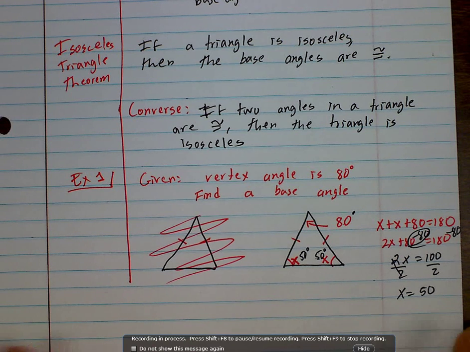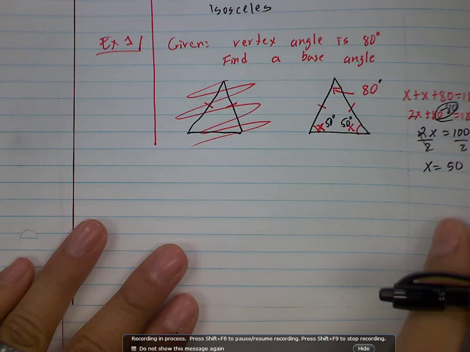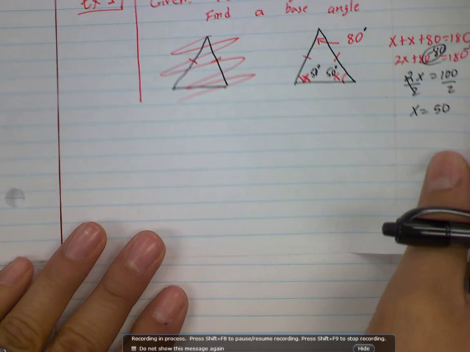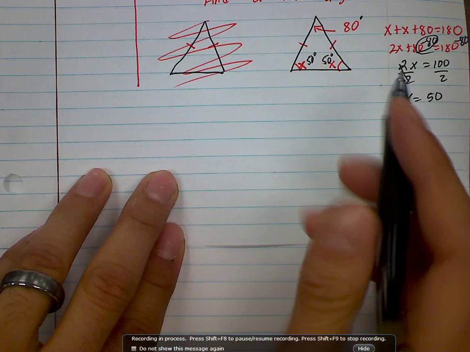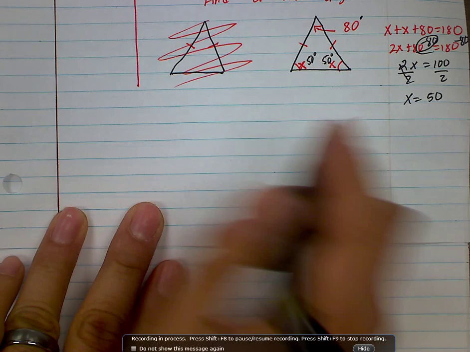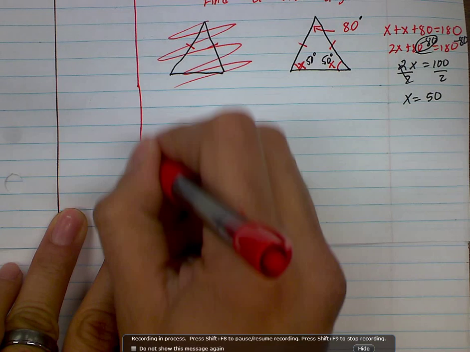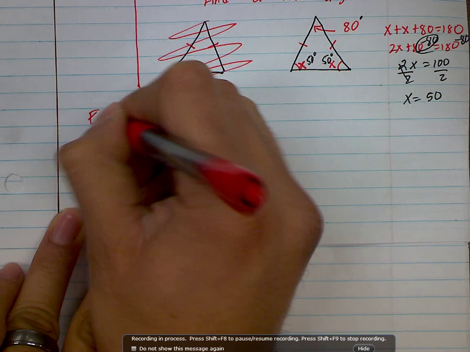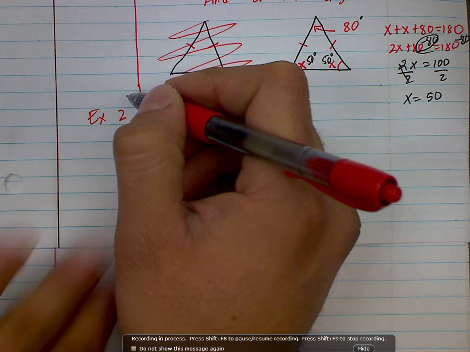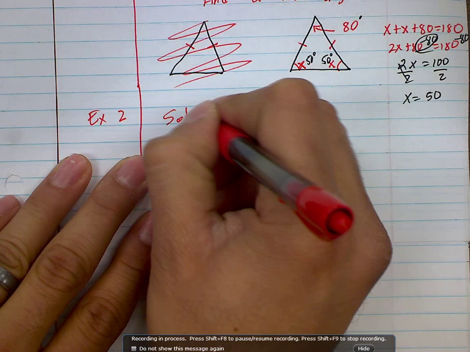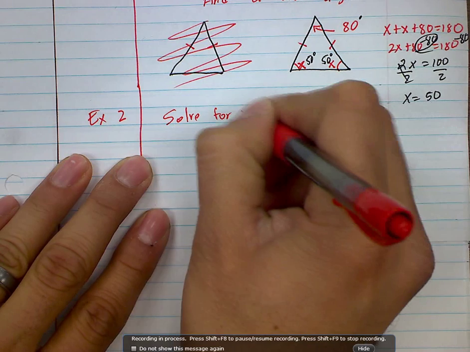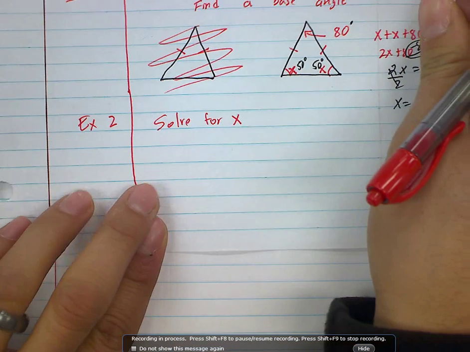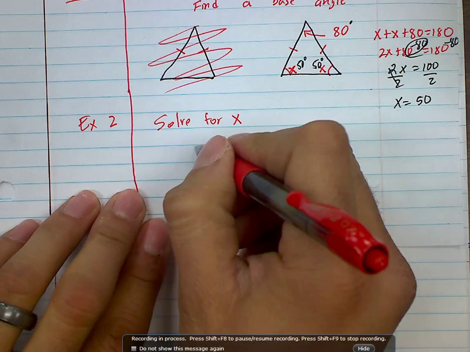So let's do one where you have to apply some algebra. Here we go, example number 2. We're going to solve for x, and this time they're giving us a picture.